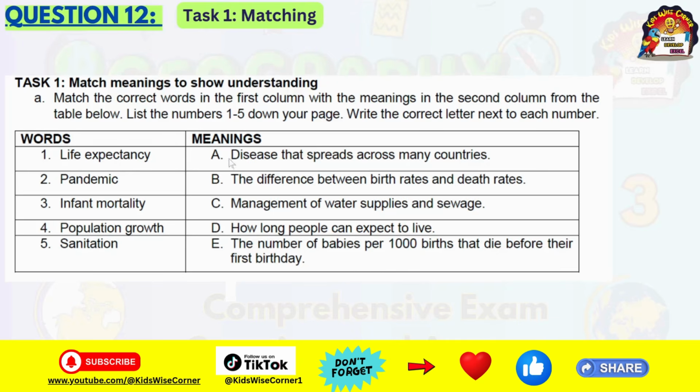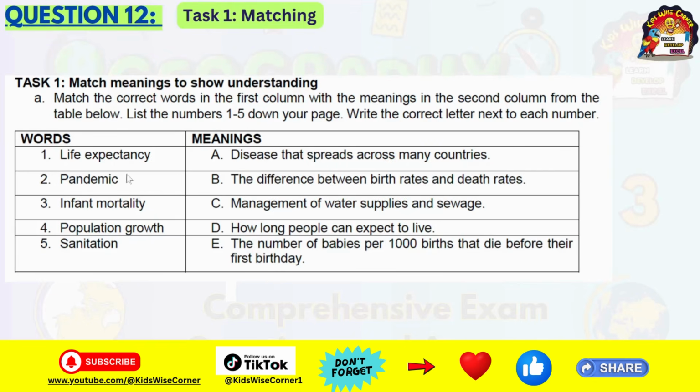Their meanings: A is disease that spreads across many countries. B, the difference between birth rates and death rates. C, management of water supplies and sewage. D, how long people can expect to live. And E, the number of babies per 1,000 births that die before their first birthday.